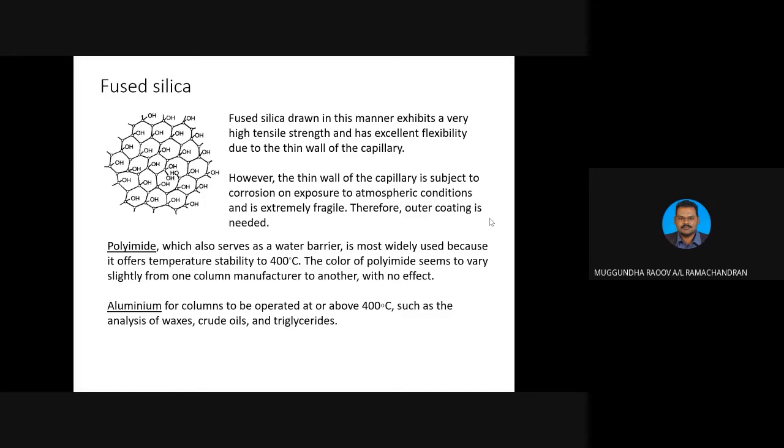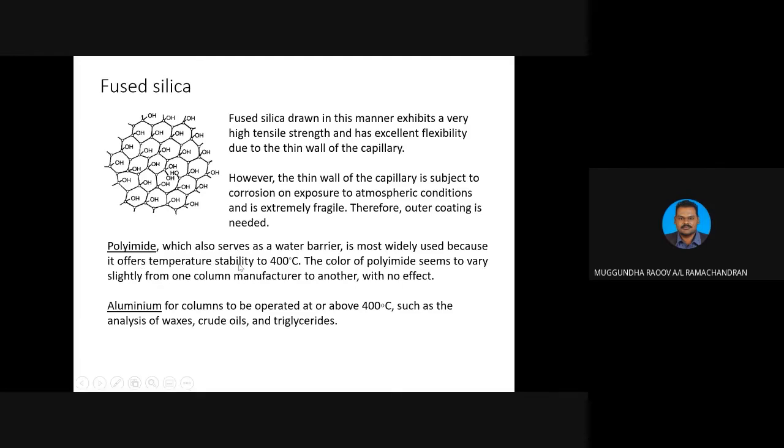But frequently, if you bake the column, it will spoil the stationary phase. The second thing we can do is cut the column, the upper part and the down part, then fix it. Probably something that is stuck at the beginning or the ending, we can remove that.